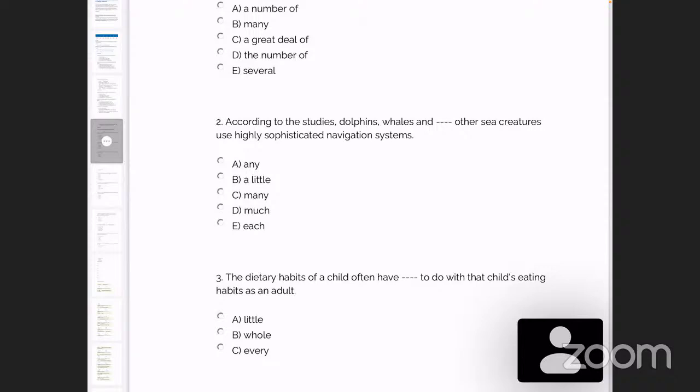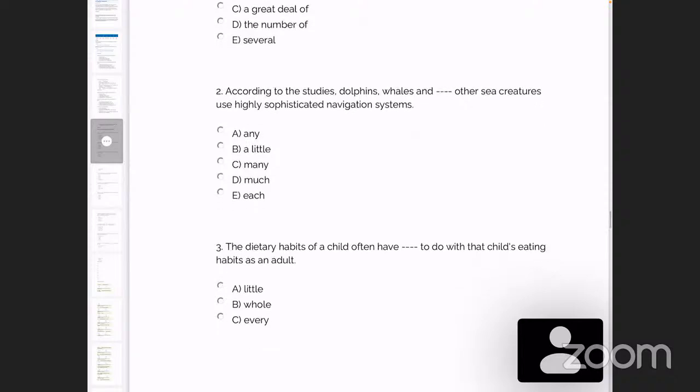According to the studies, dolphins, whales, and other dash sea creatures use highly sophisticated navigation systems. The dietary habits of a child often have a little to do with the child's eating habits as an adult.